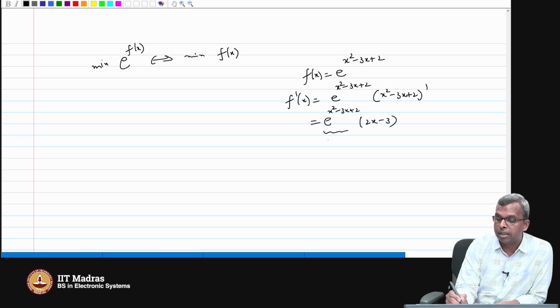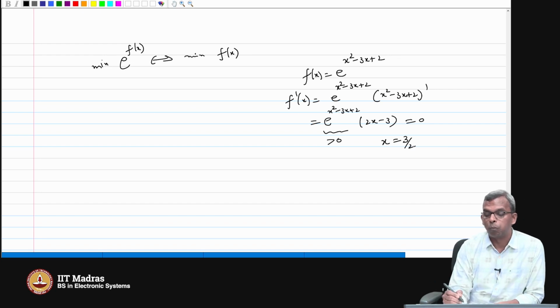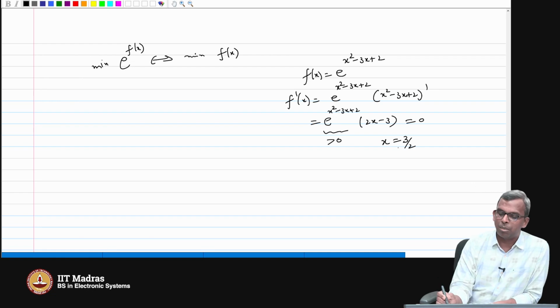So the exponential quantity is greater than 0 for all x, and for this to be equal to 0, x has to be 3 by 2. And why is that a minimum? You differentiate it once again, you get 2, which is positive. So this is a minimum.